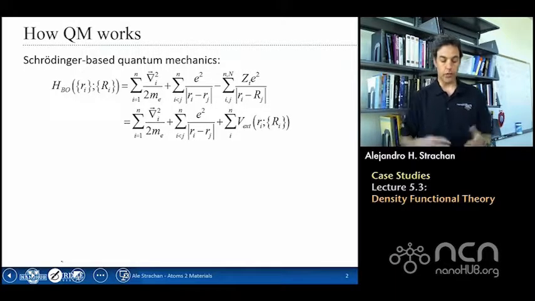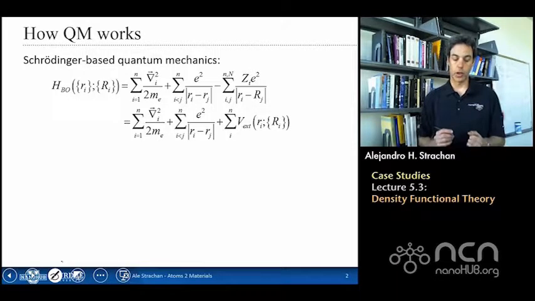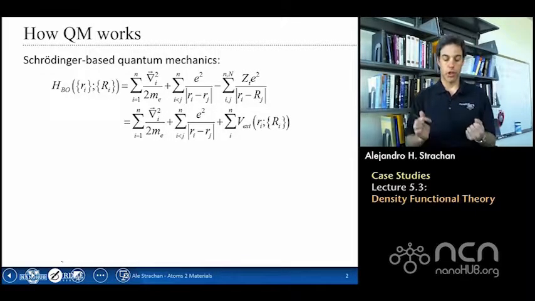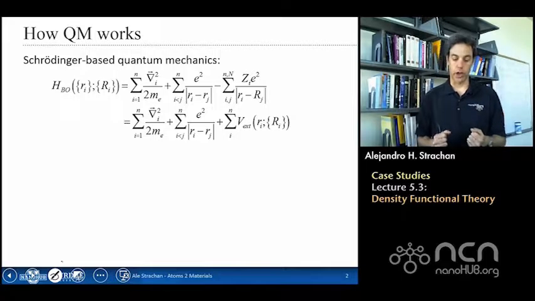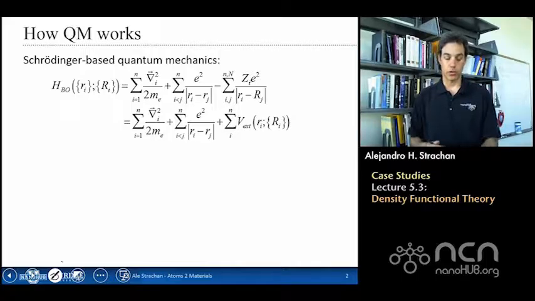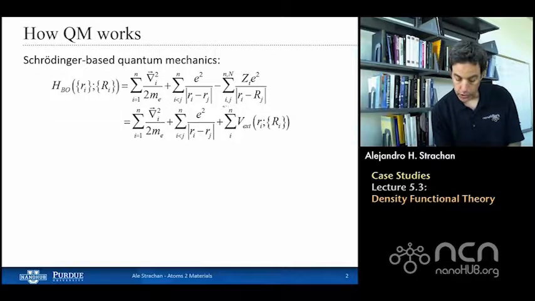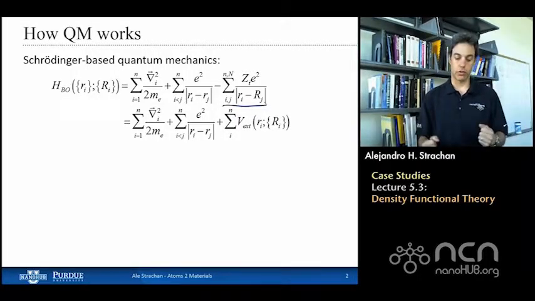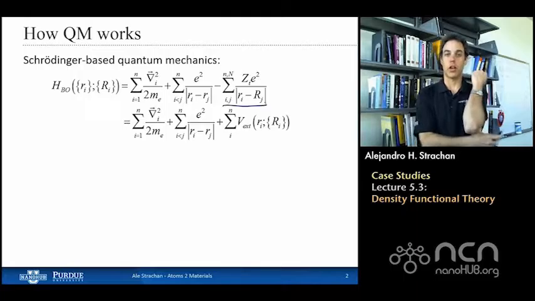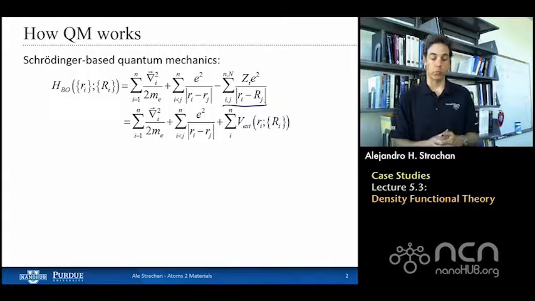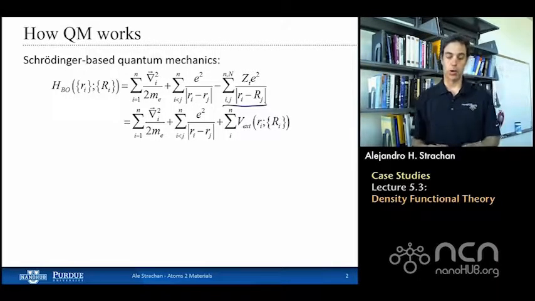So if I have the Hamiltonian that we've been working with, the Born-Oppenheimer Hamiltonian, I know that I have a kinetic energy term, I have an electron-electron interaction term, and the last term that I'm showing here is the interaction of the electrons with the ions. Okay, there's one more term that's the ionic-ionic interaction, but that doesn't depend on the electronic wave function. It's just a number, so I'm not going to worry about it.